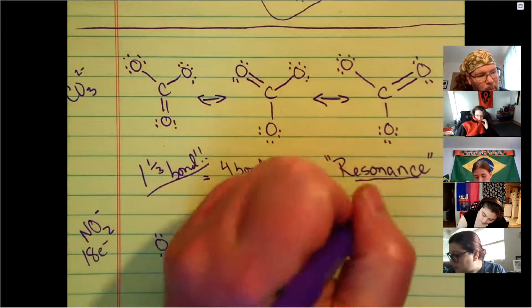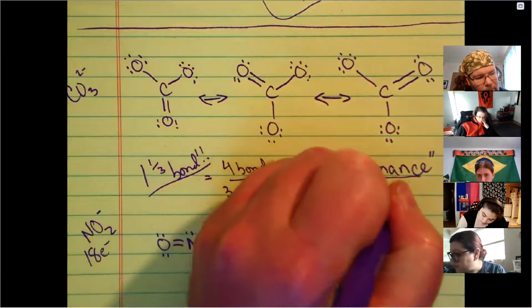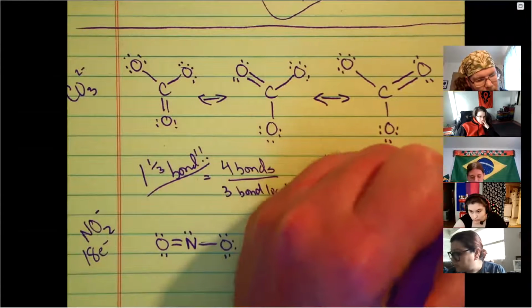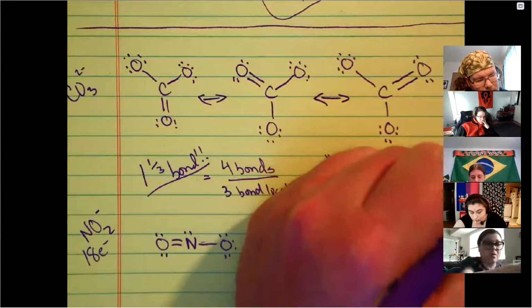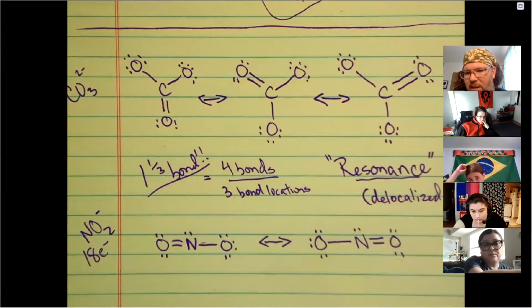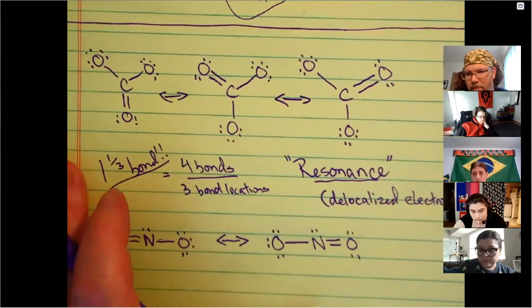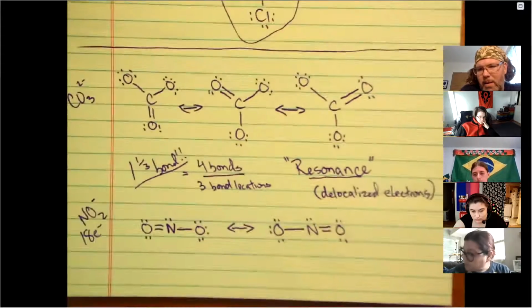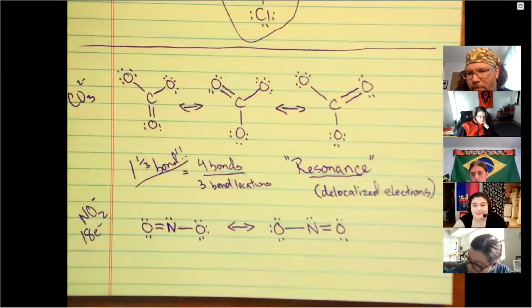So very often we use the term delocalized electrons. I like the term, but non-majors don't tend to like it. That's the stuffy chemistry word for how we think about the electrons in resonance.